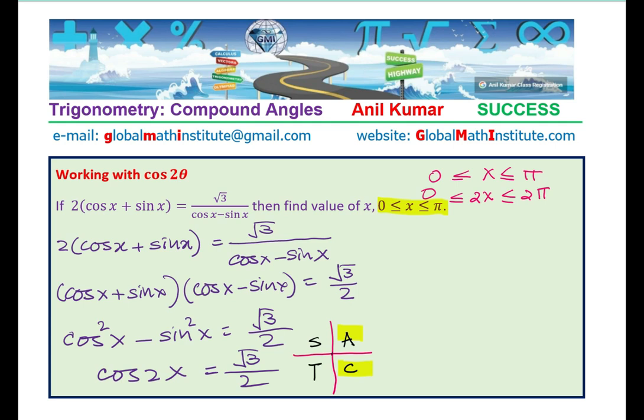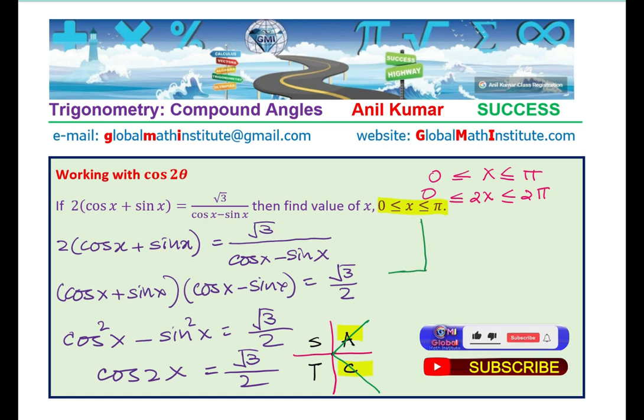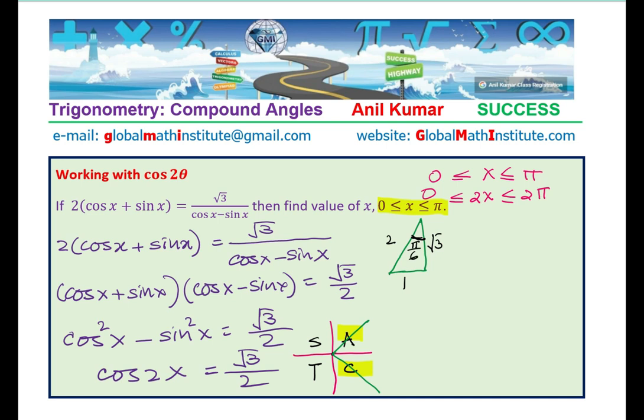Square root 3 by 2, we can make a triangle, correct? So 1, 2, square root 3. We are looking for cosine, so that angle is pi by 6. So we know the related acute angle is pi by 6. So the other answer will be 11 pi by 6, correct? 1 less than 2 pi.